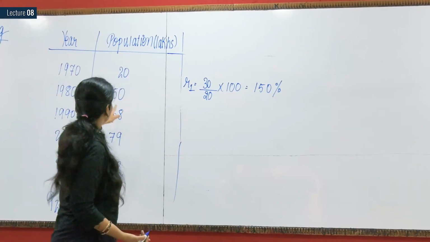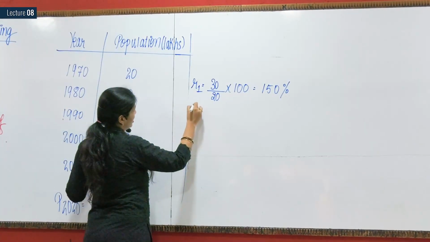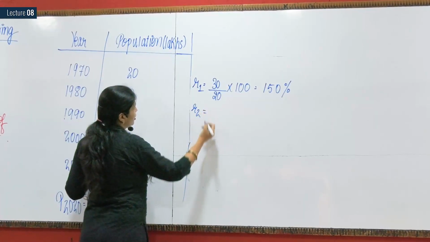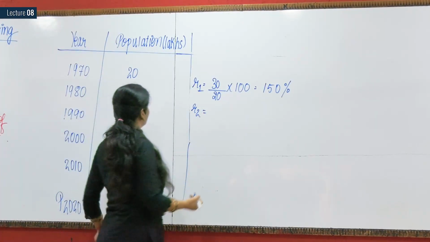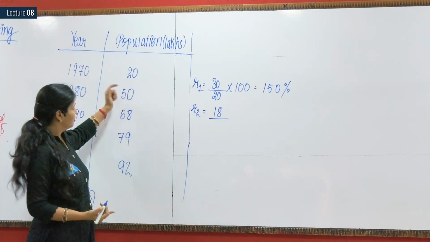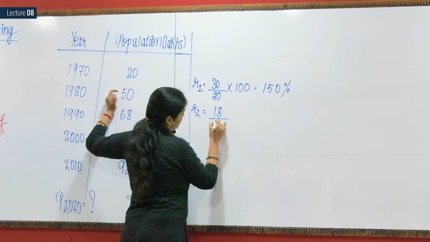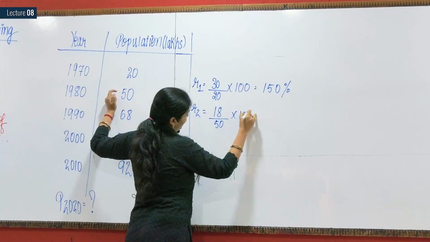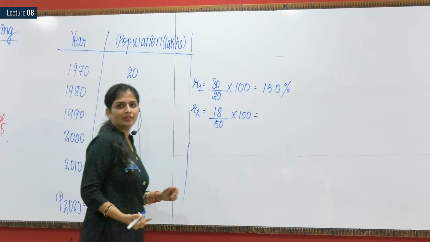Similarly, R2. What was the increase? I have already calculated 18, and with respect to 50, so 18 by 50 into 100.